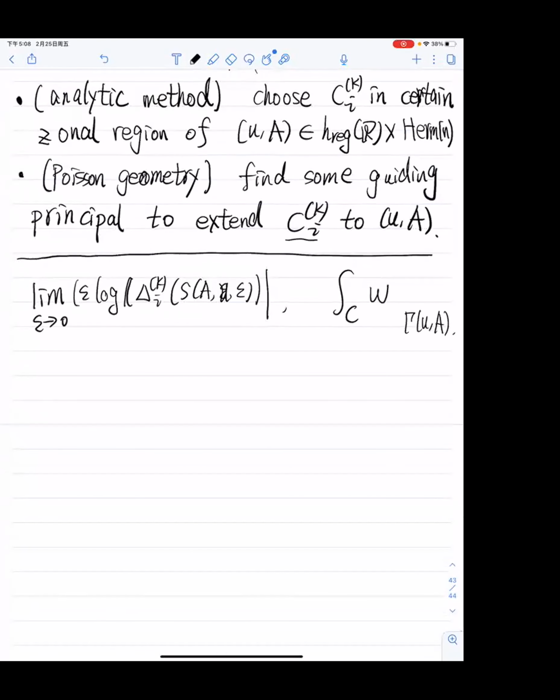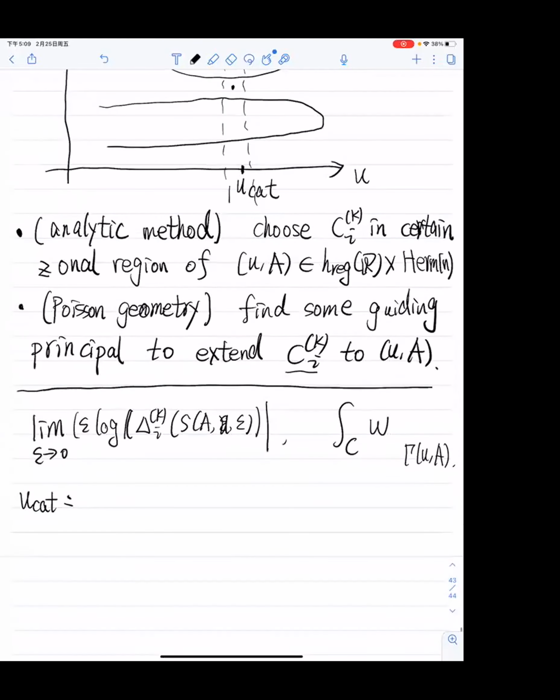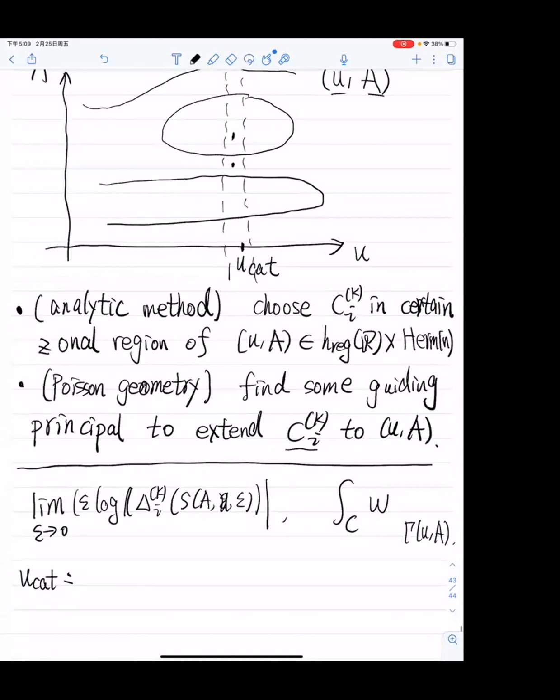So our strategy is we compute separately these two data near some special point, that is a U-cut. So let me first introduce what the U-cut is. The right way to understand U-cut is to take the discontinuous process compactification of H regular.